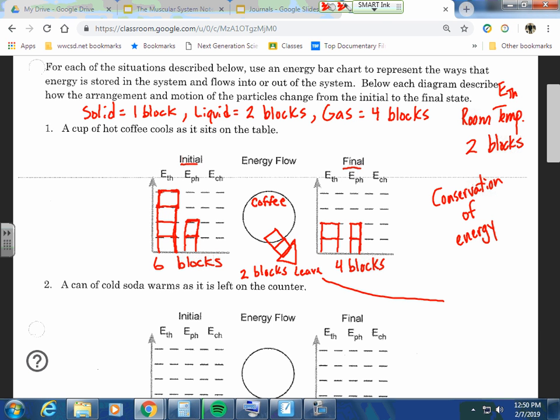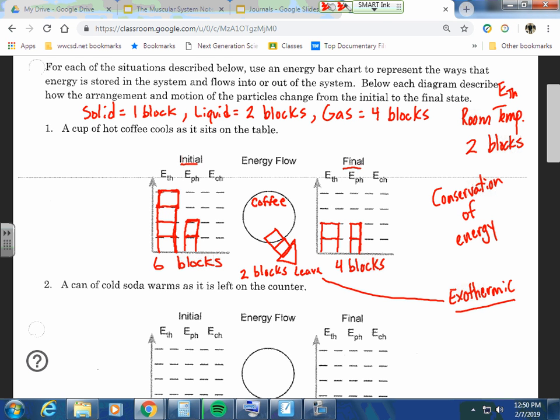If heat is released by the system, if heat leaves the system, if this classroom is the system and we want to leave, we would go out the exit, right? Exit takes you out. Is that what we do? So leaving we call exothermic. So the system is releasing energy.